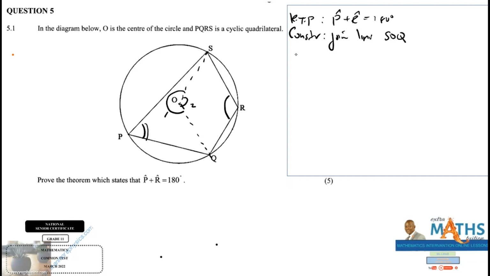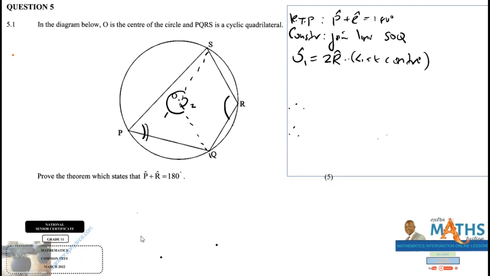We have noticed that angle O1 is equal to 2 angle R. What is our reason? Yes, it's an angle at center. And then we can also find angle O2, which is equal to 2 angle P. Angle at the center is twice the angle at the circumference, so our reason is angle at center.